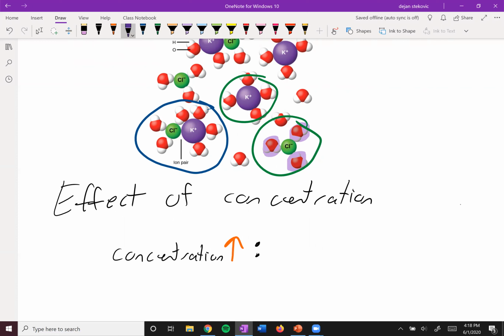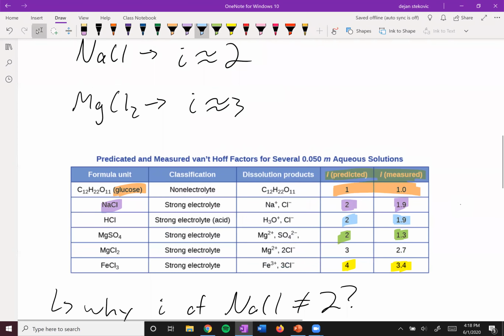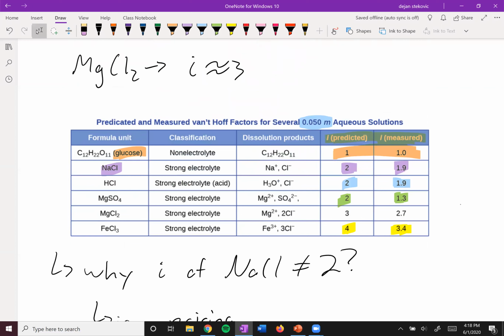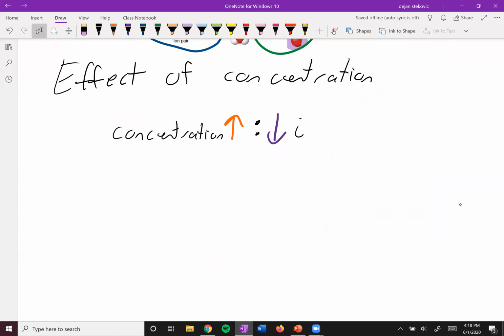And so you'd see a decrease in the value of i. So for example, in this table, this is for 0.05 molal aqueous solution. So if we increase the concentrations, the value of these i's would drop, or if we diluted these concentrations, their values would increase, right? And so when you increase the concentration, you essentially run out of solvent particles to effectively separate these ions.